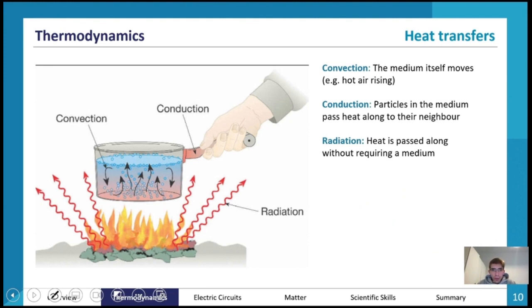Alright, so we learned about the units of measurement of temperature, which we said are Kelvin and degrees Celsius, but we are not going to use Fahrenheit. We learned about the zeroth law and the first law, which both emphasize the law of conservation of energy.